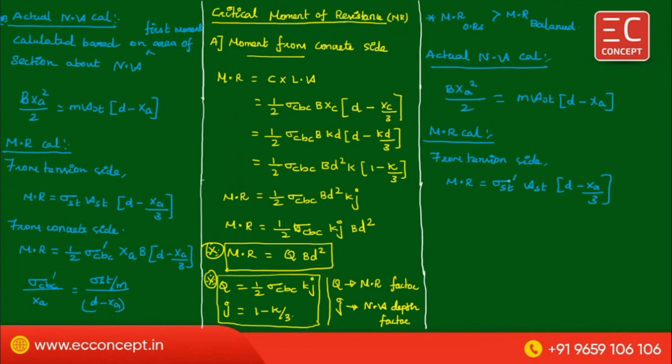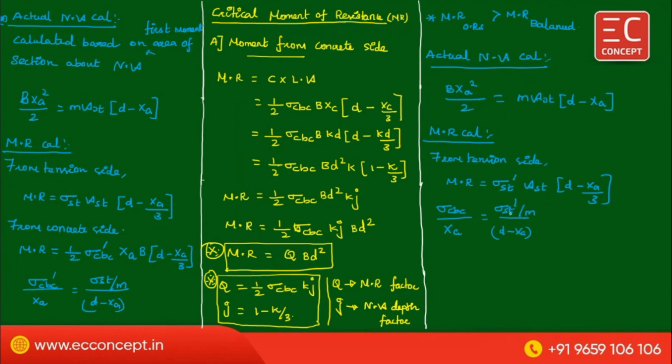Why sigma st dash? Since the entire tension steel is not subjected to limiting stress. That's why. Now it can be calculated from this equation: xa is subjected to sigma cbc maximum, but d minus xa is subjected to only sigma st dash divided by m.